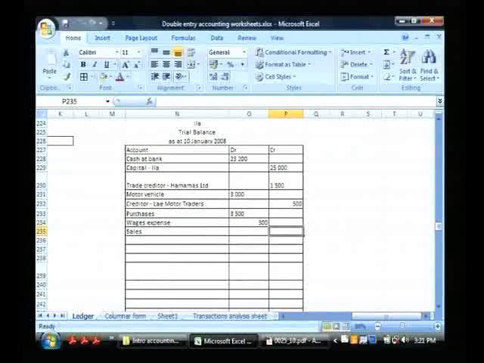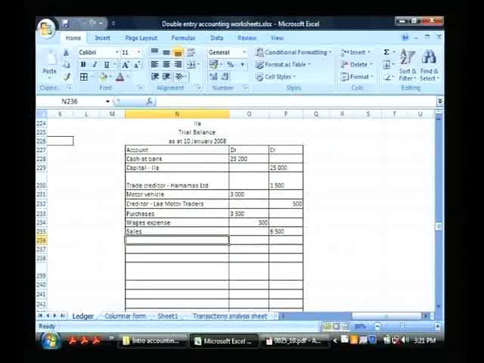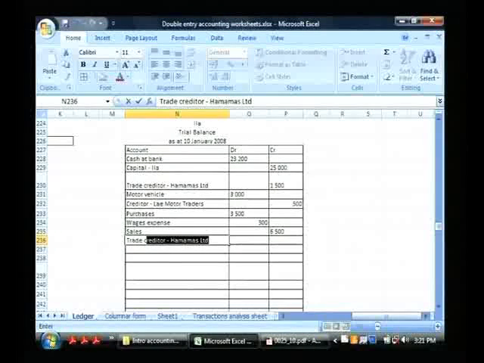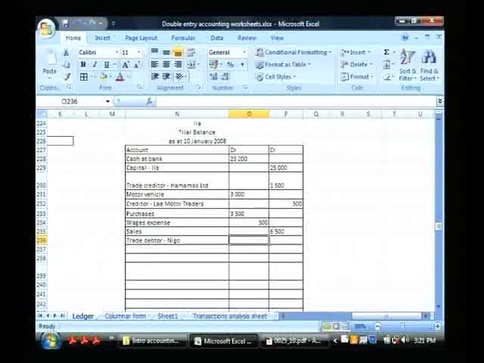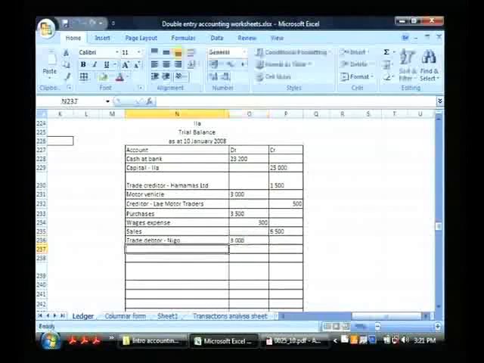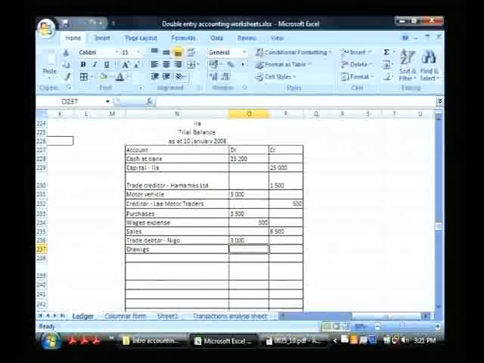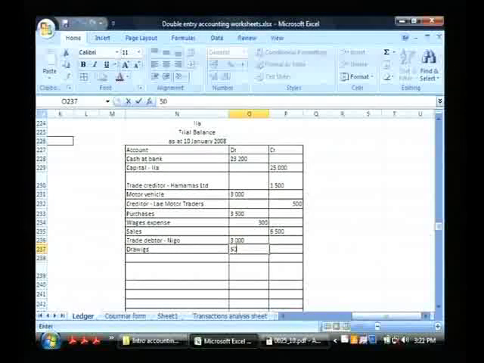Sales credit 6,500, and trade debtor Negos, debit balance 3,000, and finally drawings account shows 500 kina debit balance.